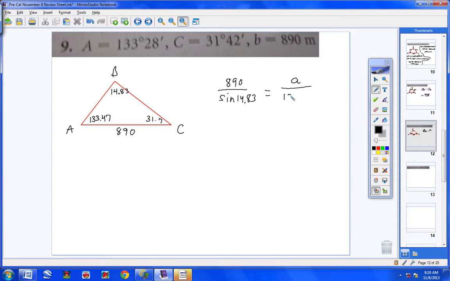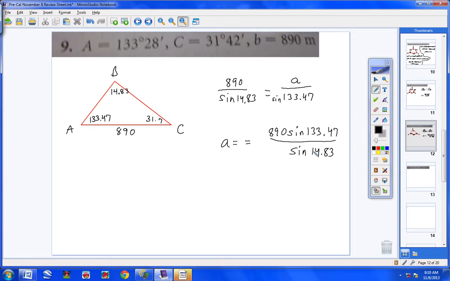A over sine of 133.47. Alright, if we cross multiply and divide, we will get A equals 890 sine of 133.47 divided by sine of 14.83.